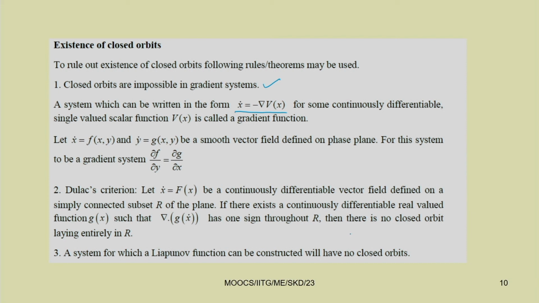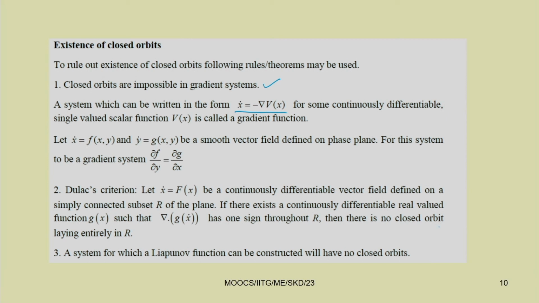If there exists a continuously differentiable real valued function g x such that del dot g x dot has one sign throughout R, then there is no closed orbit lying entirely in R. A system for which a Lyapunov function can be constructed will have no closed orbit. So, these are the conditions you may have to check.